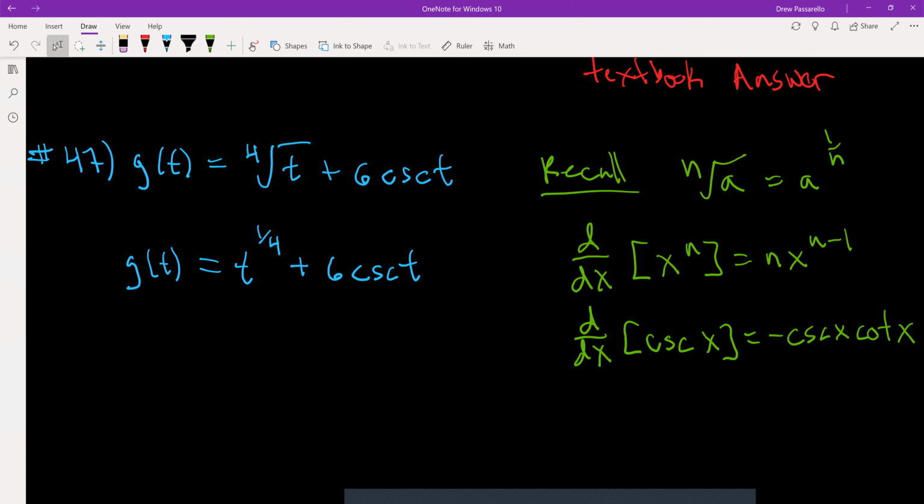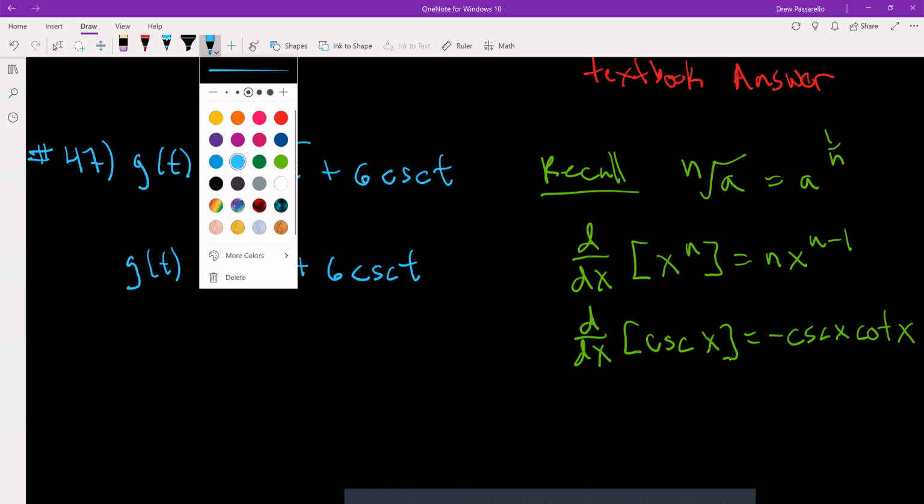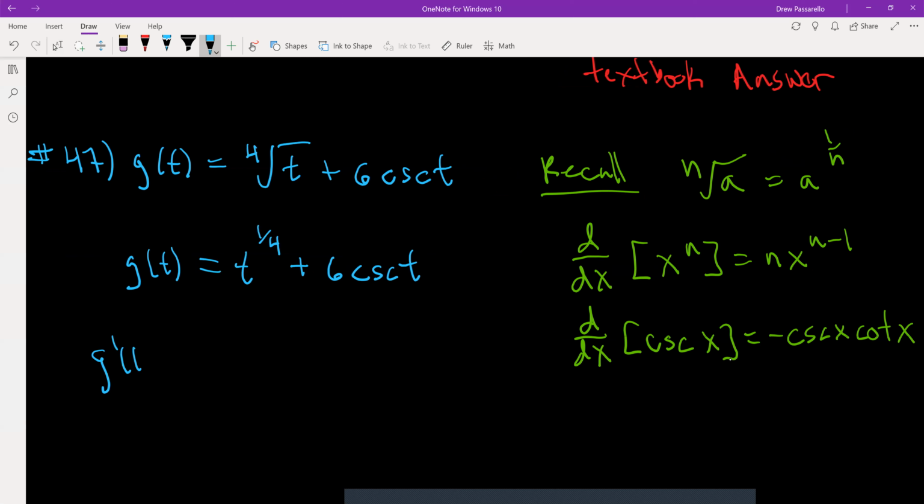All right, so when I take the derivative, g prime of t, using the power rule with t to the 1/4, that becomes 1/4 times t raised to the 1/4 minus 1. And then the derivative of 6 cosecant of t. Well, you factor out the 6 and then focus on the derivative of cosecant. So plus 6, and then the derivative of cosecant is negative cosecant cotangent.